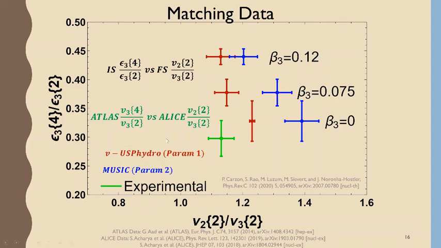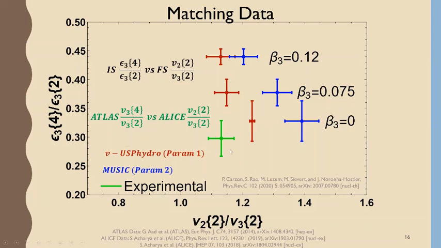So then this kind of sums up everything in one plot. Along the x-axis is plotted V2 squared over V3 squared. And then on the y-axis is the 4-particle to 2-particle ratio for the epsilon n, or epsilon 3 coefficient.